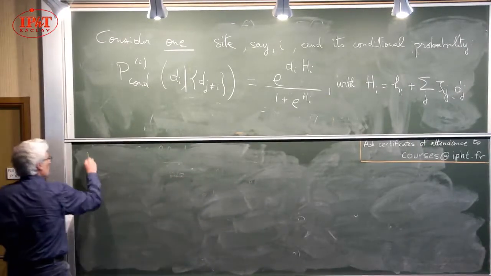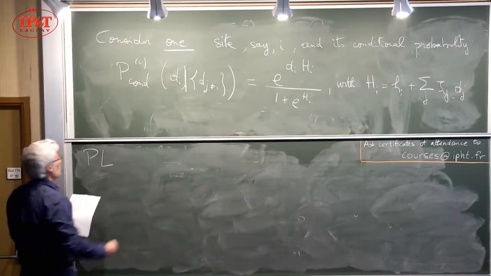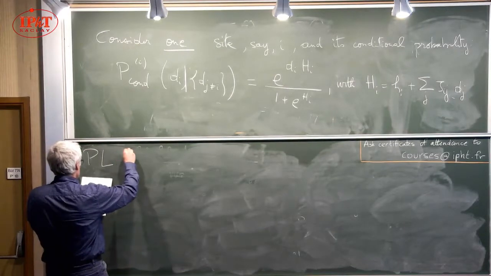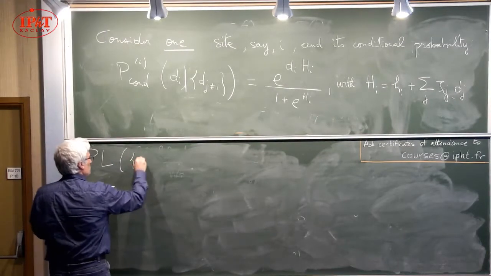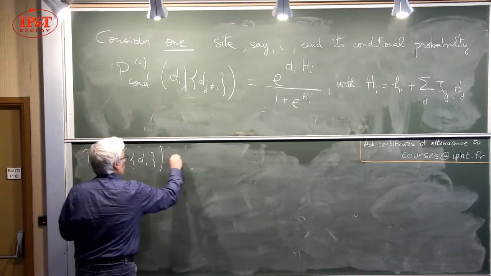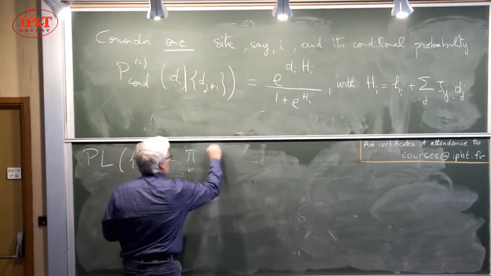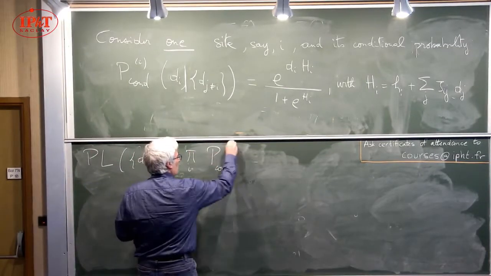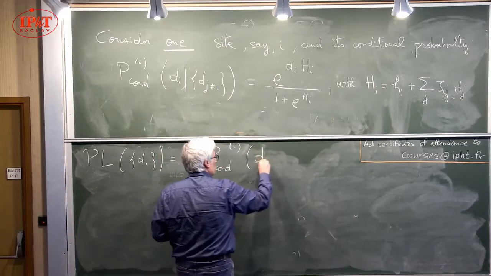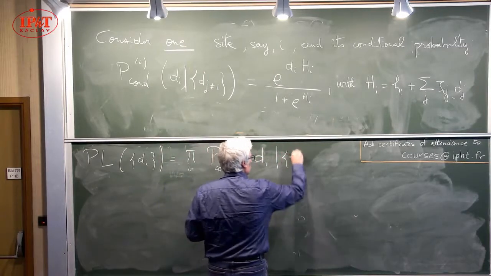So I define the pseudo-likelihood of the d_i's as the product over i of the conditional probability of d_i given the other ones.